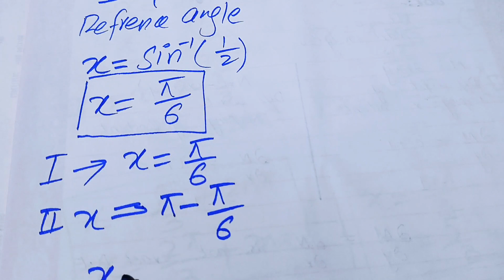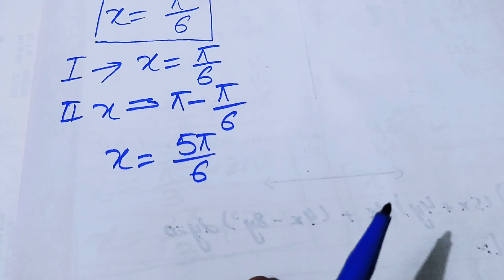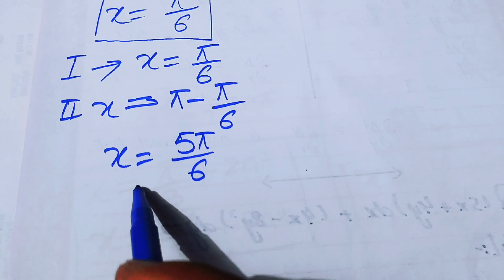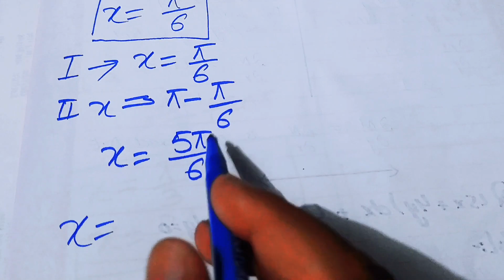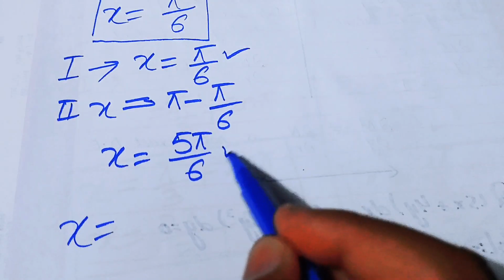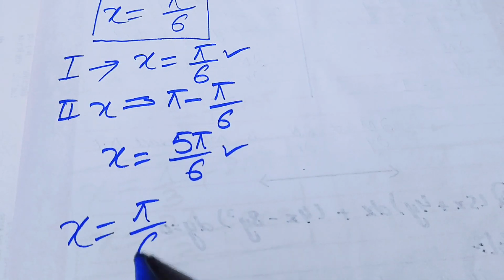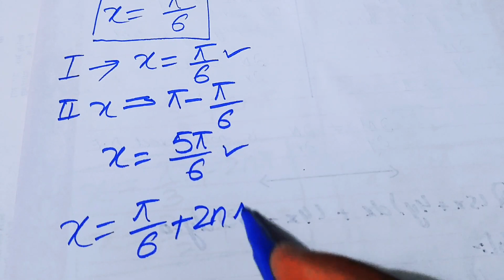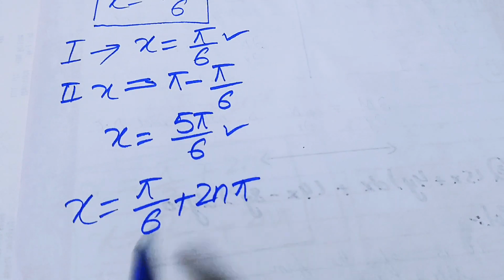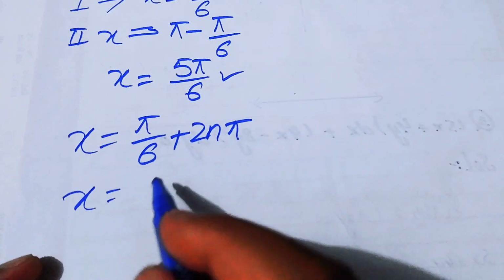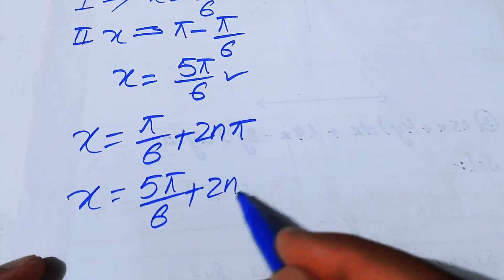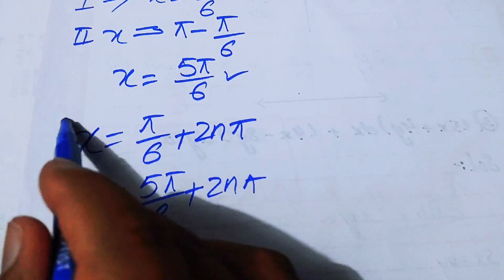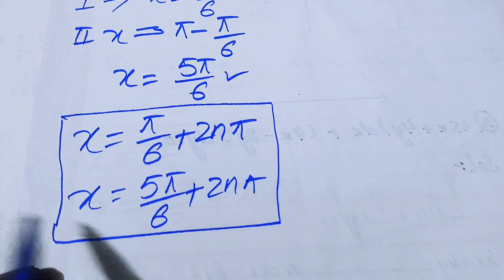So you get x equals 5 pi by 6. And again the period of sine is 2n pi, so we add the period to both terms and you get the two solutions: x equals pi by 6 plus 2n pi, and x equals 5 pi by 6 plus 2n pi. So these are the two solutions of the given equation.